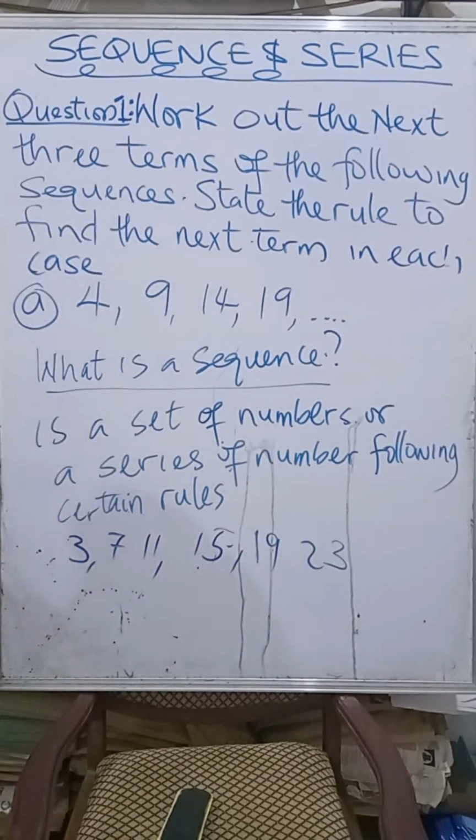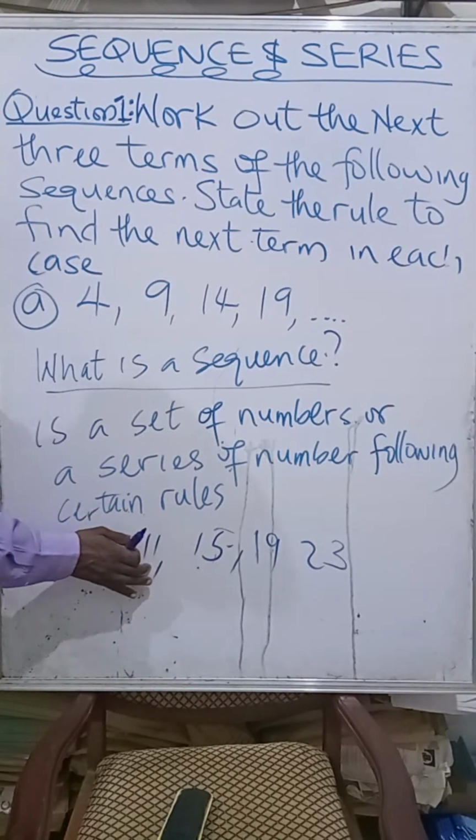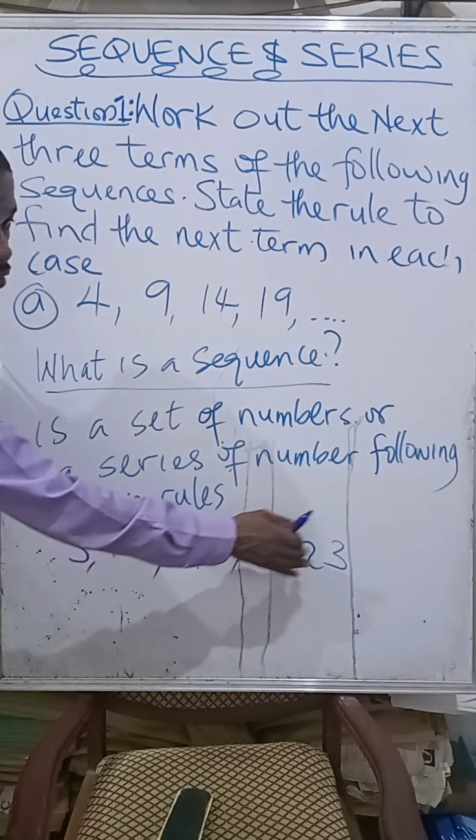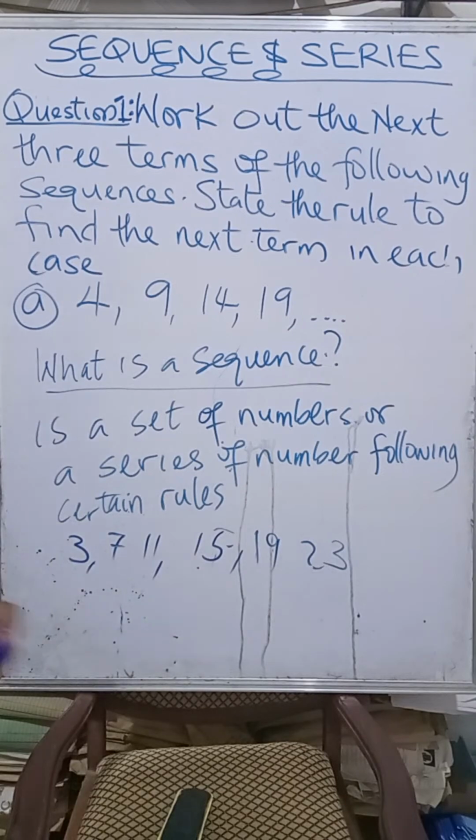If you look at this sequence now, your first number is what? It is 3. The next number is 7, followed by 11. So you can see that the numbers are increasing by 4: 4 plus 4 making 15, plus 4 making 19, plus 4 making 23.